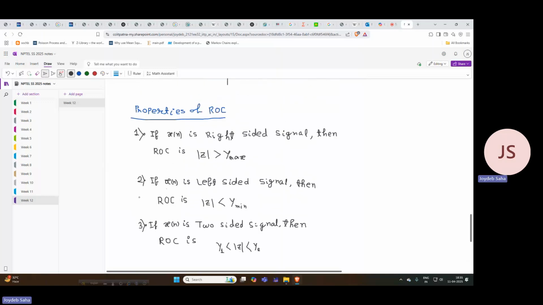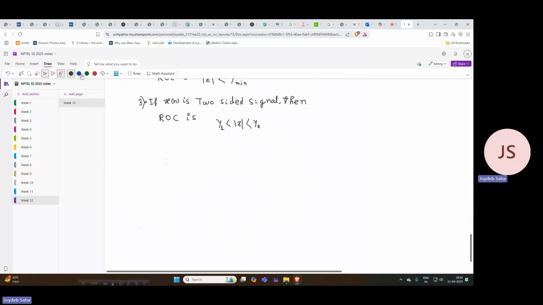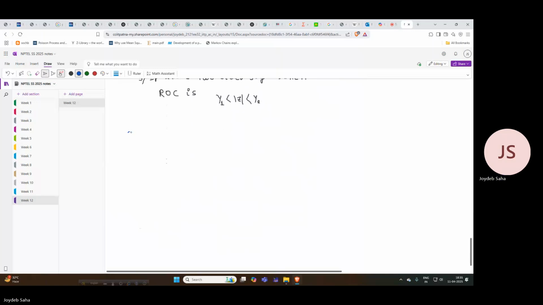Fine. So these are 3 properties, and one more property is: if a signal x[n] is a finite duration signal, then the ROC is the entire Z plane. Now we will go to a problem. Question 3.